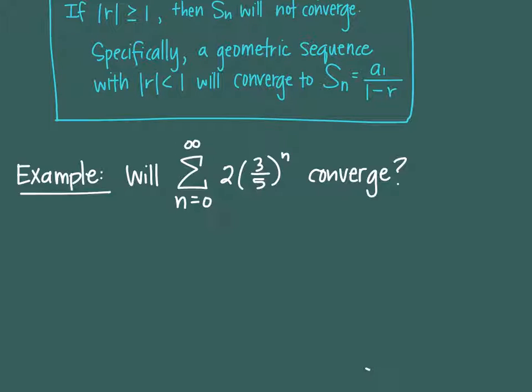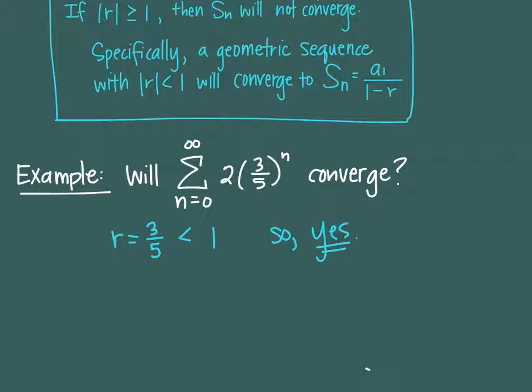Okay, so the r is 3/5 as the multiplier, which is less than 1. So the answer is yes. Now, if so, find the value to which it will converge.